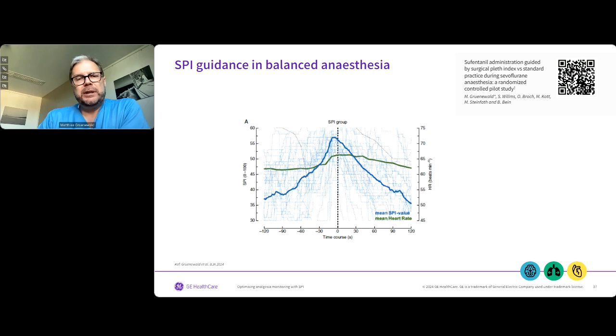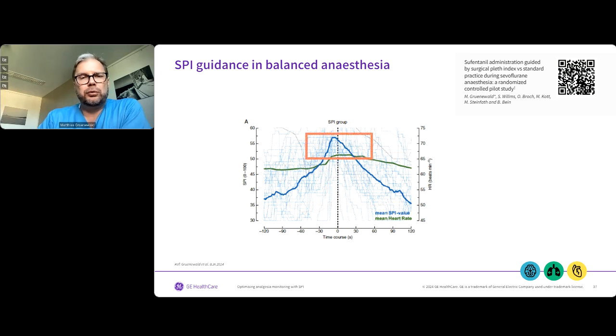And we saw that here in the study group, where the opioid is only given when the SPI value rises above the threshold value, you have a response in the Surgical Pleth Index which is much earlier than just looking at heart rate, and you could easily adjust.